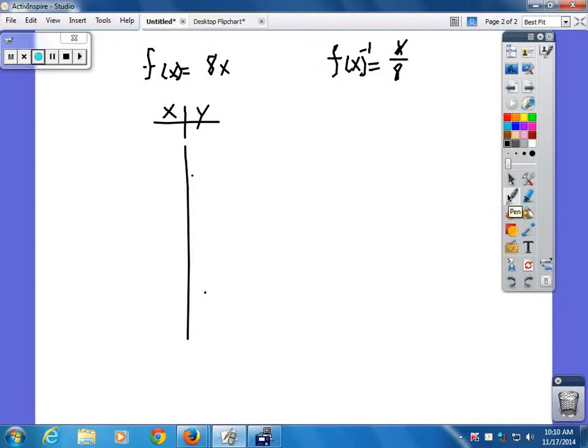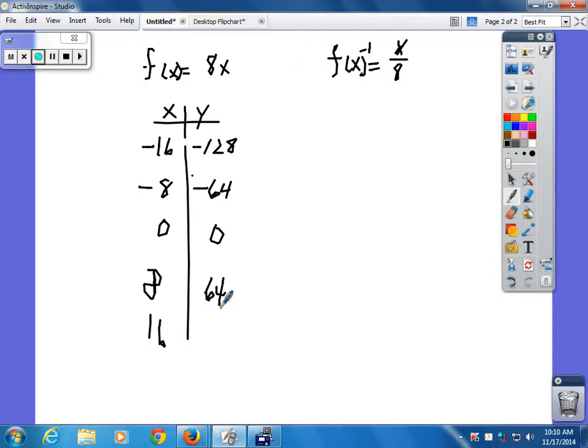I'm going to use negative 16, negative 8, 0, 8, sorry, and 16. All right, negative 16 times 8 is going to be, what, 128? Somebody check my math. Negative 8 would be negative 64, 0, 64, and 128. No need to check that.